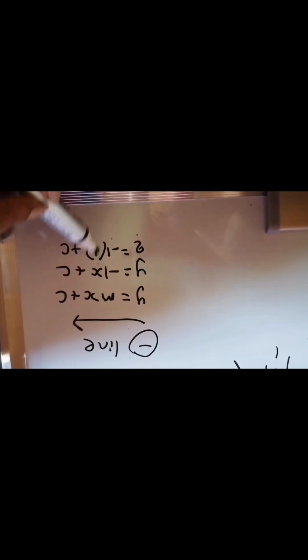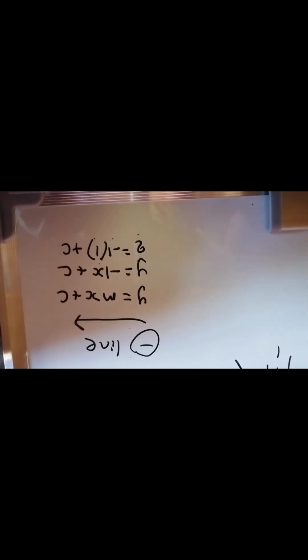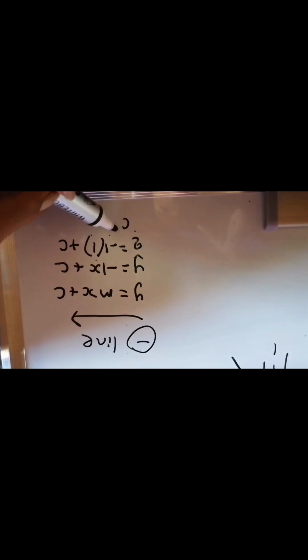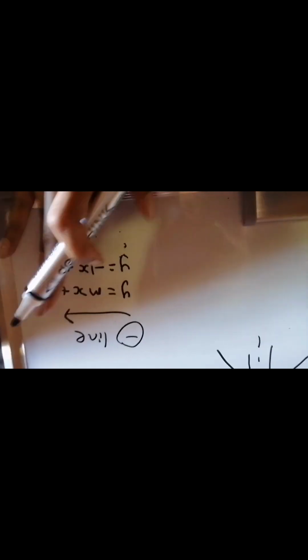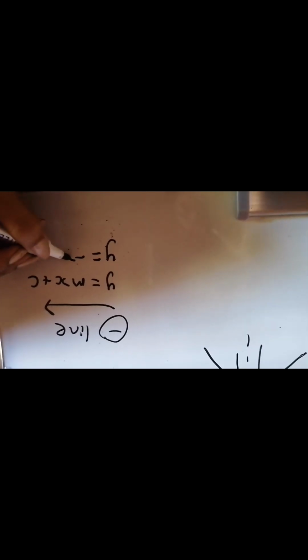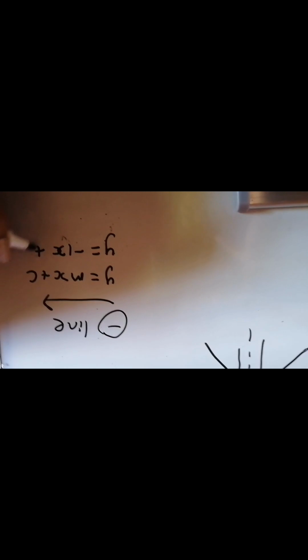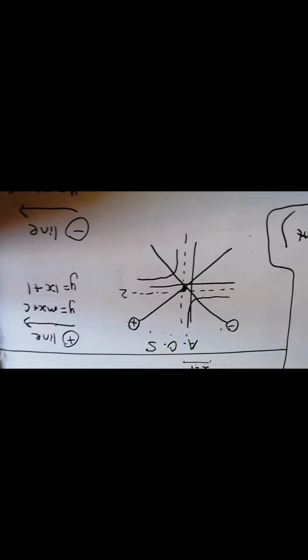My x asymptote was 1 plus c. So then eventually when you work out c, it should be 3. So if I had to rewrite the equation now, it's going to be y is equal to minus 1x plus 3.